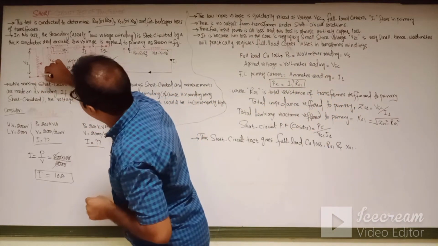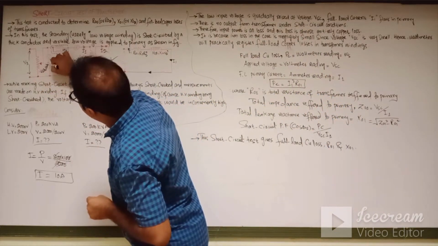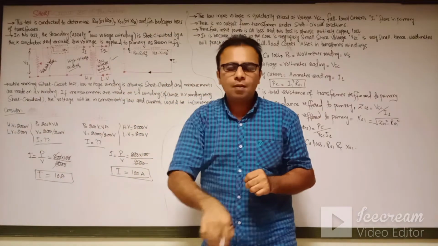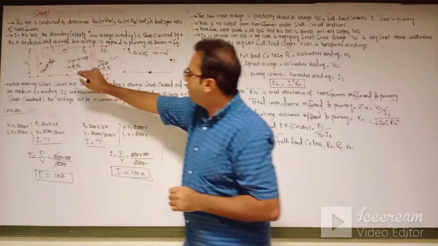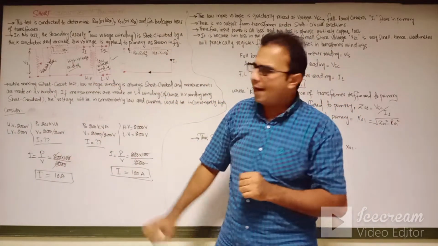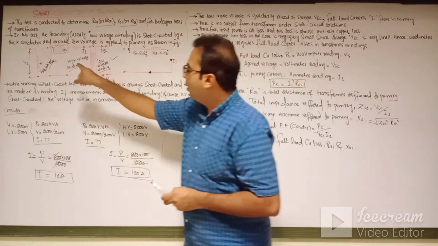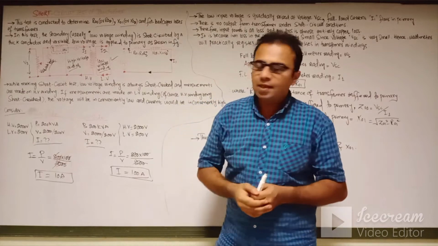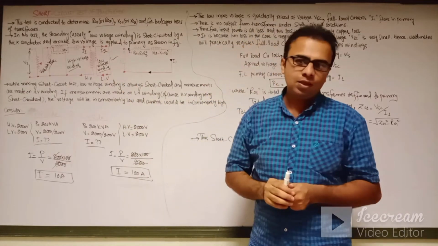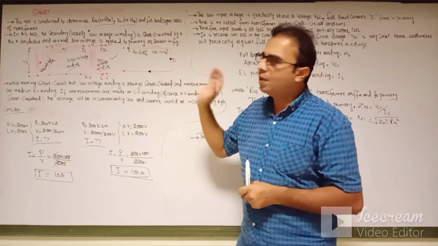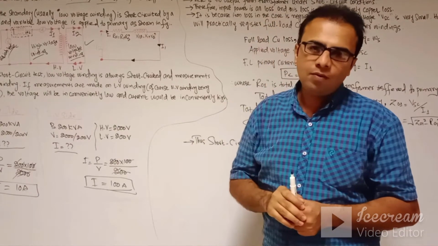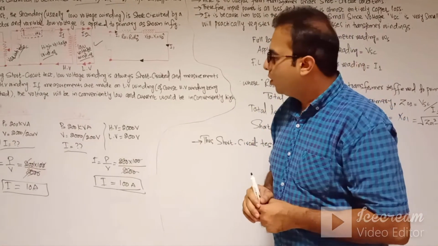Here we are using a variable autotransformer to vary the voltage, which is measured by the voltmeter. The input power is measured by the wattmeter, and the ammeter gives us the current I1 flowing in the primary winding of the transformer.